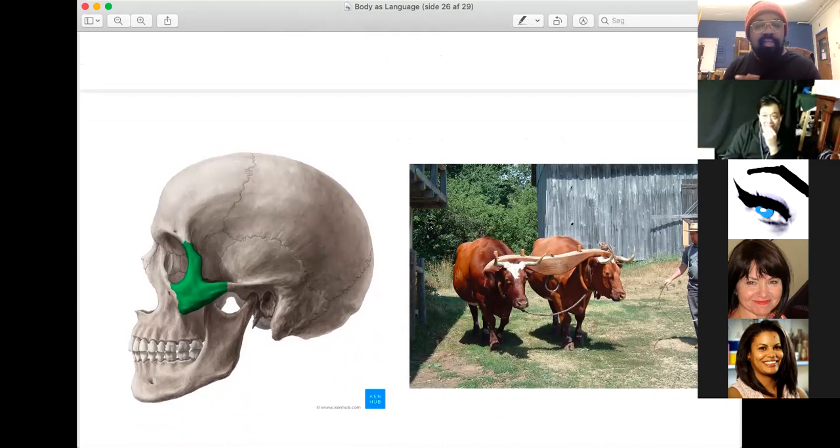So one example is zygomatic. It's that green bone there, and we know the zygomatic attaching to your ear in the back of your head and going up towards your frontalis bone and around your eye. But the word zygomatic comes from the word yoke.